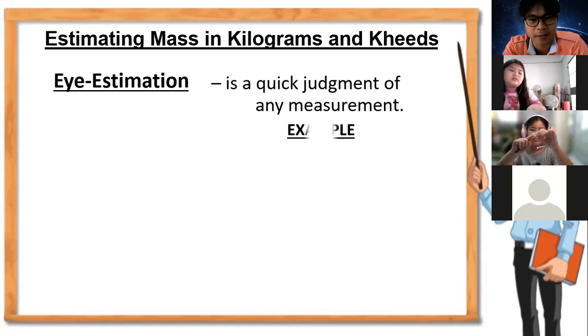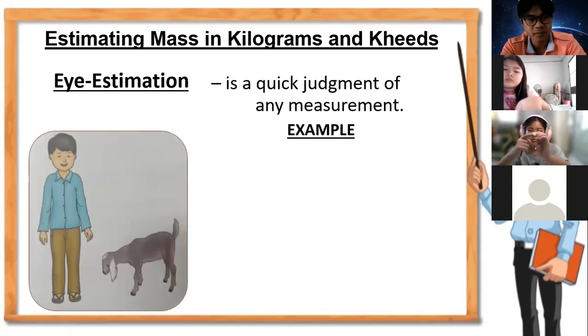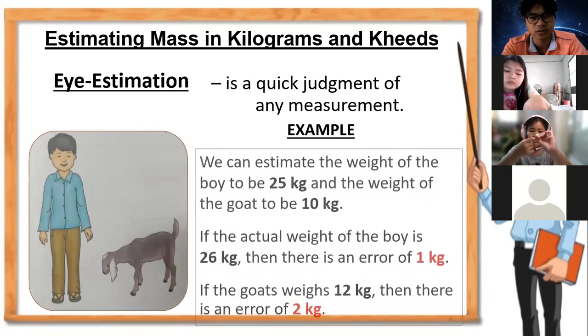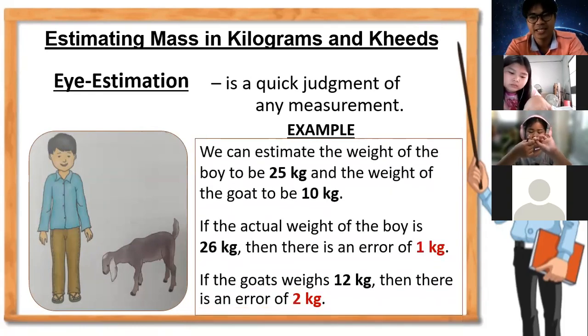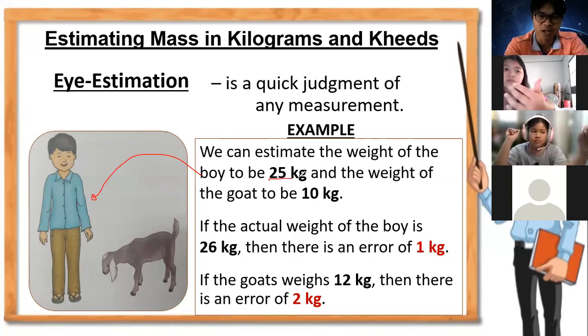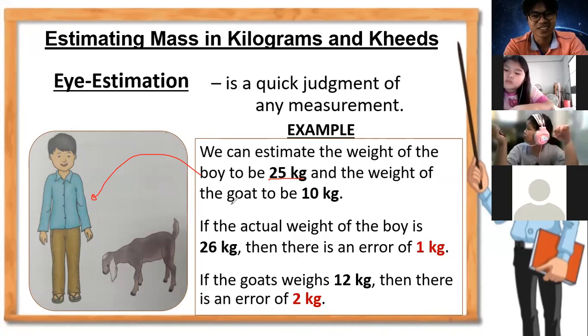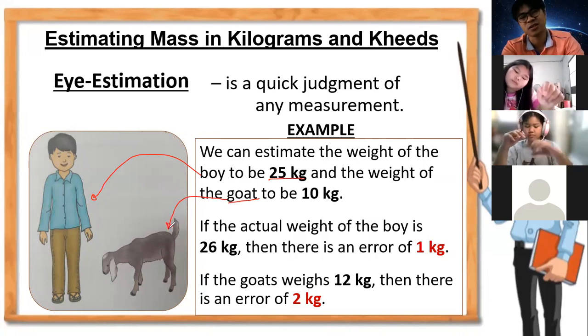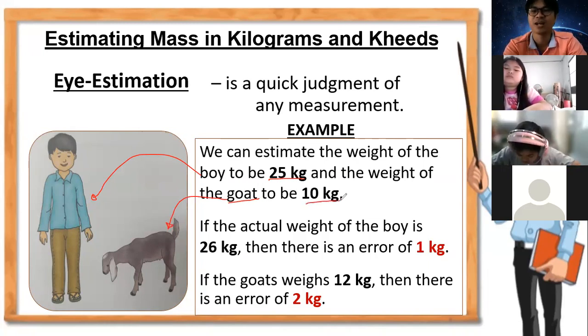For example, here you have the boy and the goat. We can estimate the weight of the boy. Maybe that boy is 25 kilograms. And also the weight of the goat, maybe this goat is 10 kilograms.